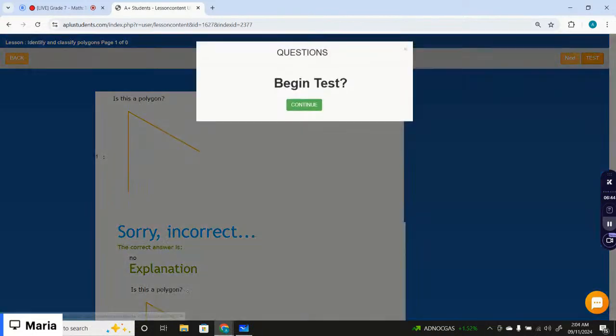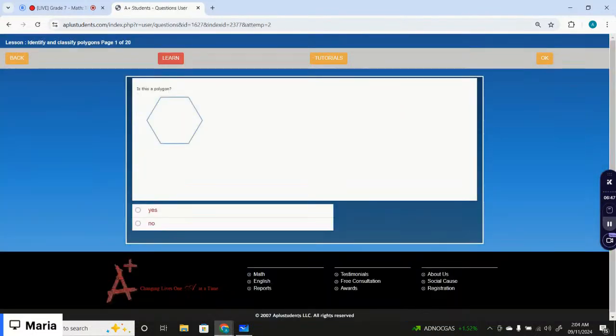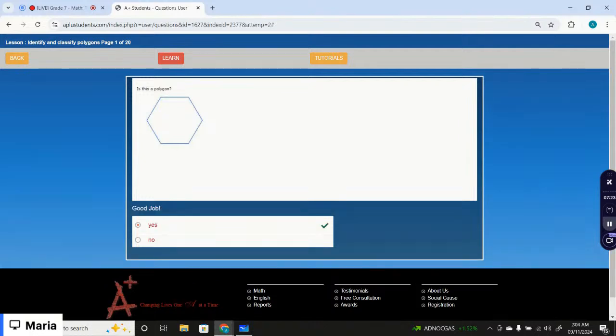Let's just start with the test questions. Is this a polygon? The correct option is yes, it is a polygon, right? That's a closed shape with straight sides, so that is a polygon.